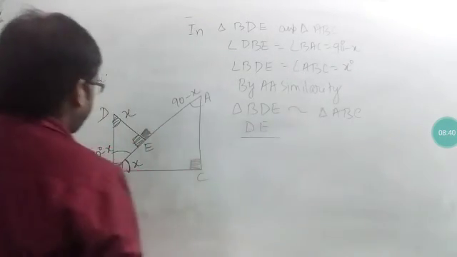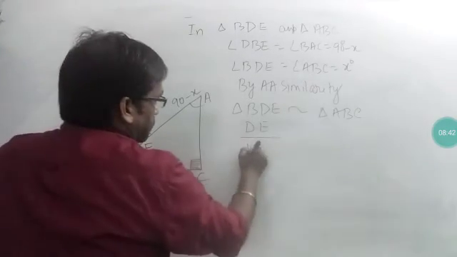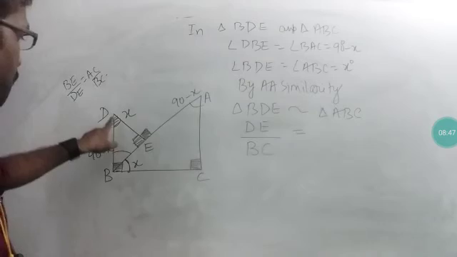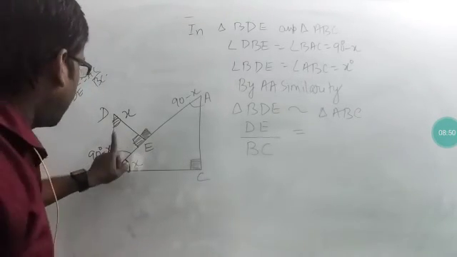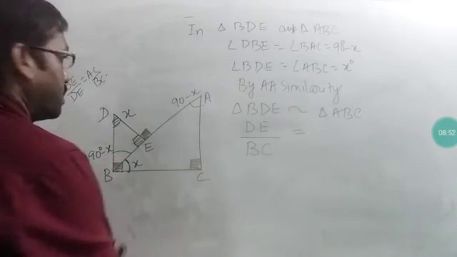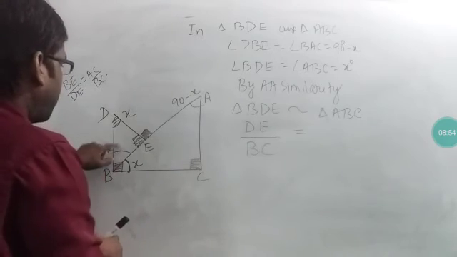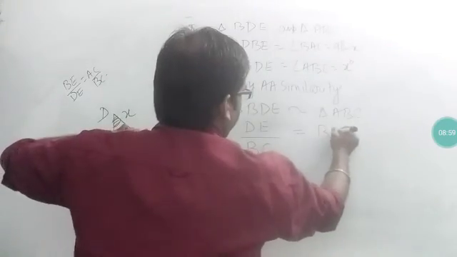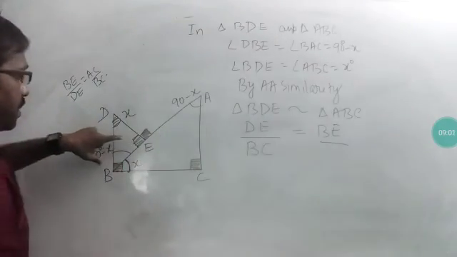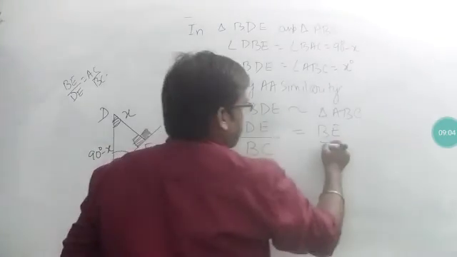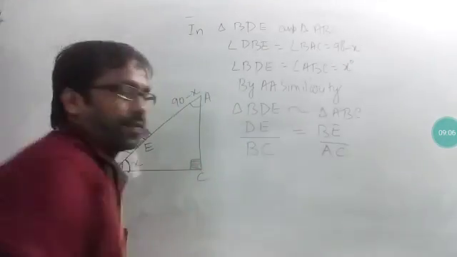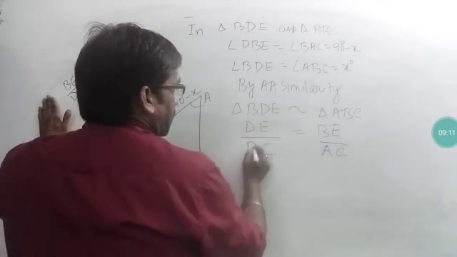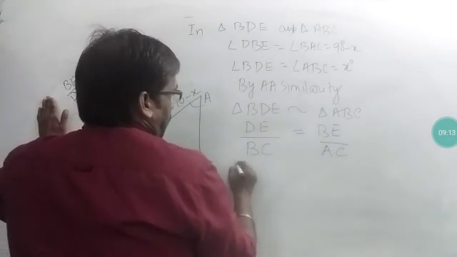The sides opposite to equal angles in the corresponding triangles will be proportional. So for that reason DE by BC, DE is in the smaller one, BC in the bigger one, DE by BC is equal to BE by AC, and this is because triangle BDE is similar to triangle ABC.